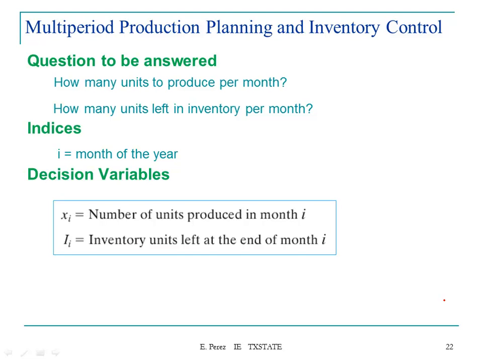Because at the end, what you want to know is the answer to those questions, right? So if you are able to formulate those questions, then you can easily define your decision variables. Okay, so we have two decision variables, one for the units produced per month, and one for the inventory left at the end of the month.